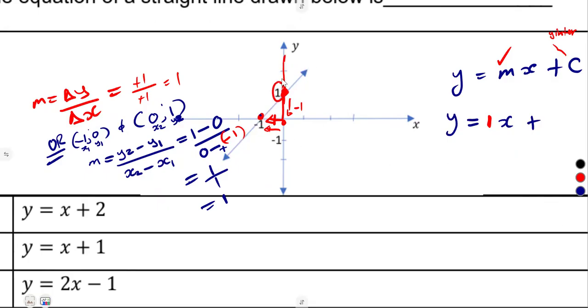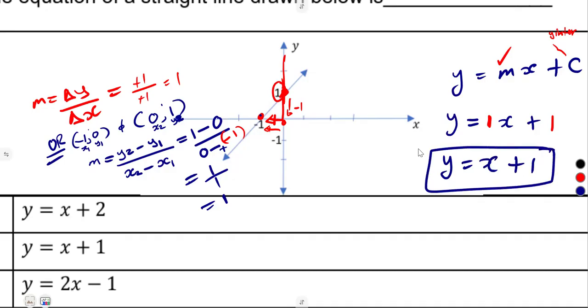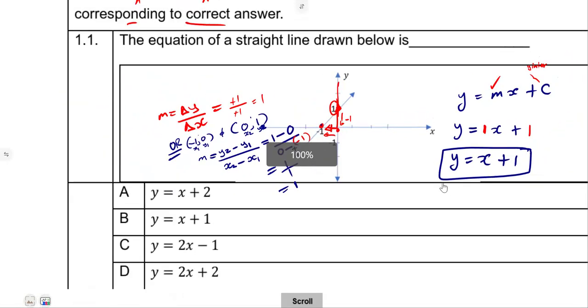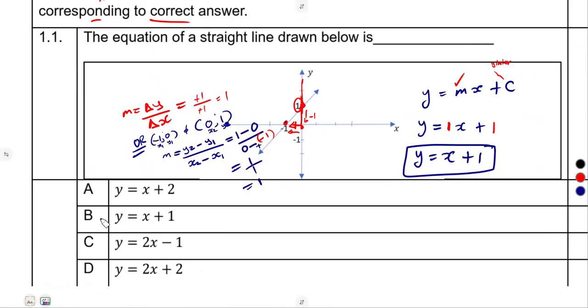At 1. So that's plus 1. So y is equal to 1x, which is the same as x, so y is equal to x plus 1. And for the answers that we are given, the best answer there was going to be B, y is equal to x plus 1.